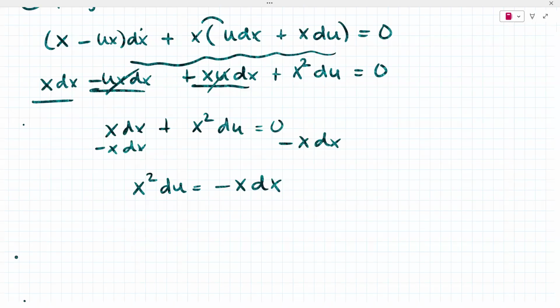Then you want to get all the x's on one side and all the du on the other. So I should also get rid of this x squared by dividing both sides by x squared, right? So you're left with du equals, what's negative x over x squared? That's negative 1 over x.